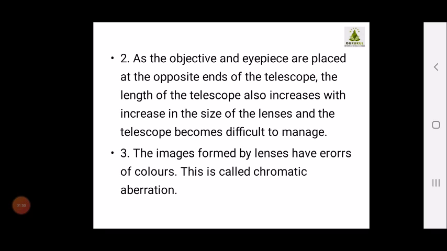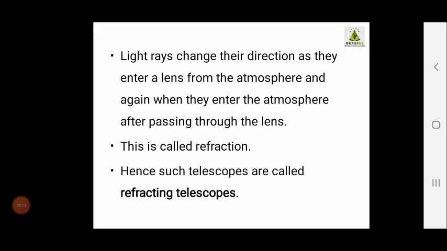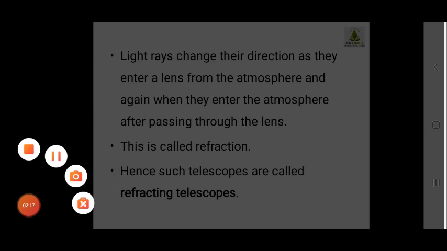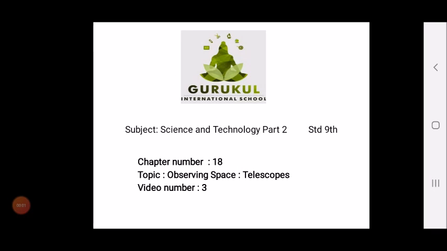The image produced by the lenses has color errors, called chromatic aberration. These are the difficulties in handling refracting telescopes. To overcome them, we have another technology that we will discuss in the upcoming videos.